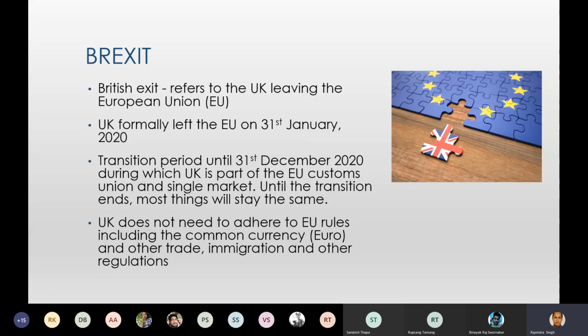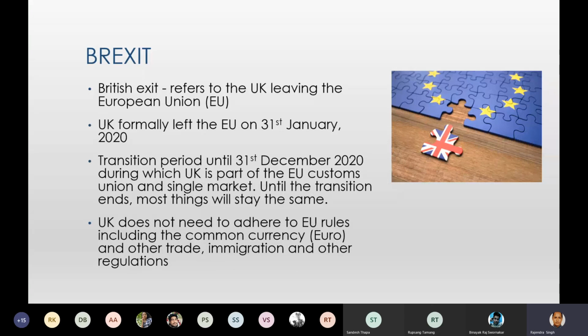The third and last option will be basically the UK and EU coming up with a common resolution for the UK and EU relationship, with regards to trade, immigration, and so on.